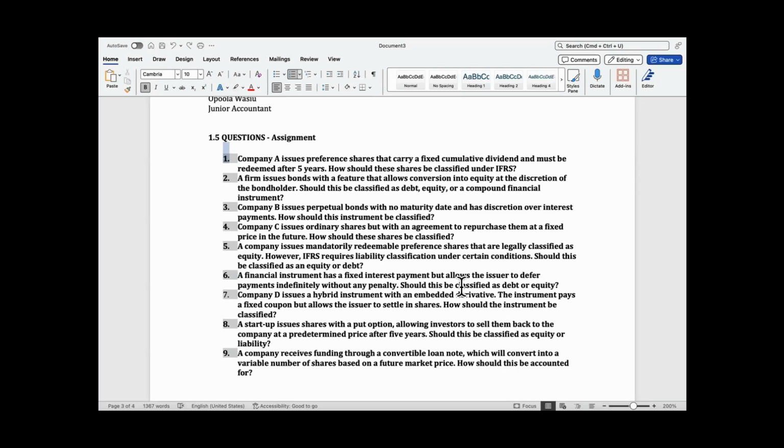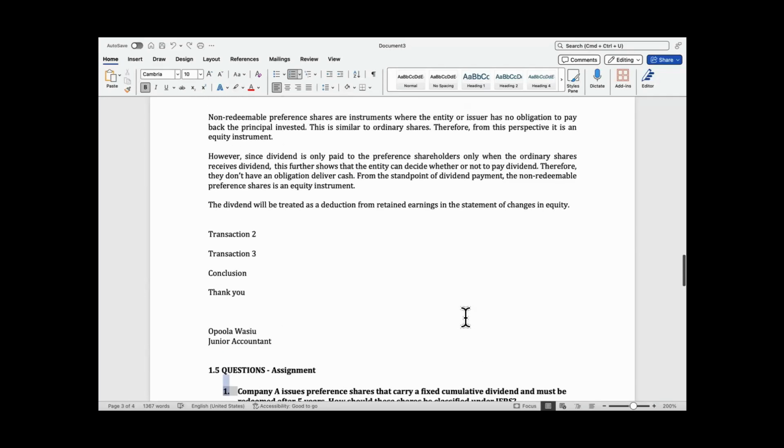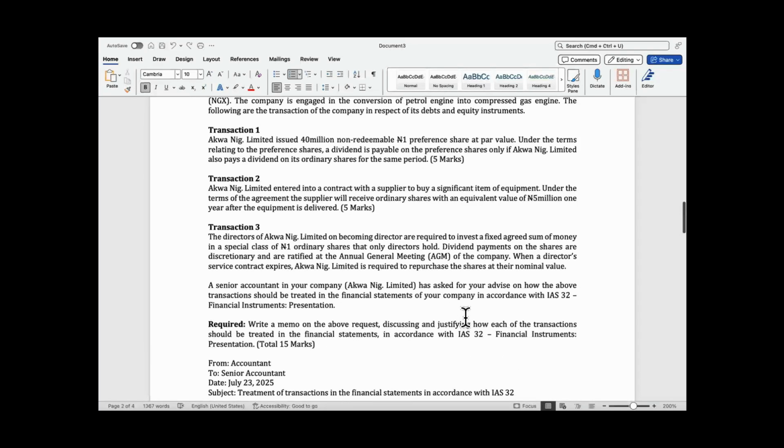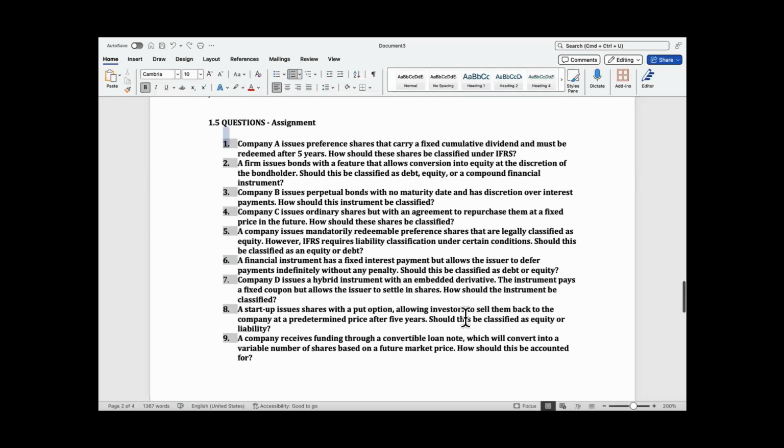The first one we did was to know whether it's a financial asset or financial liability. That one is simple. Nobody would really ask you that in the exam. The one they will ask you is this type that we are looking at, right? Which is the one that this 1 to 9 test for you, to know whether the instrument you have issued is a financial liability or equity.